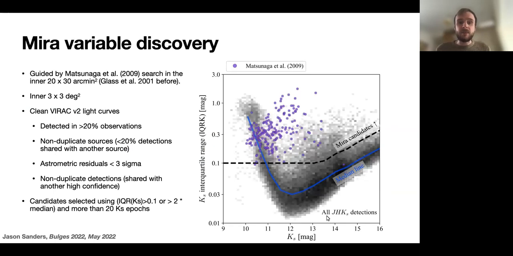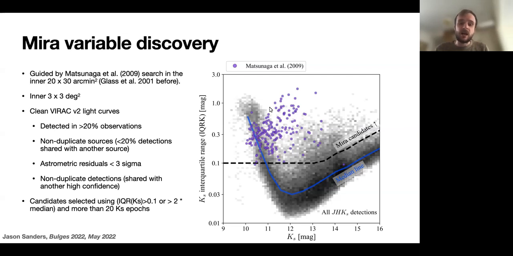And so going back to the Miras, the Mira study was a much more focused study on just a very small region that contained the nuclear stellar disk, the inner 3 by 3 degrees. And I was guided by previous work from Noriyuki Matsunaga, who extracted a sample of likely Mira variable stars.